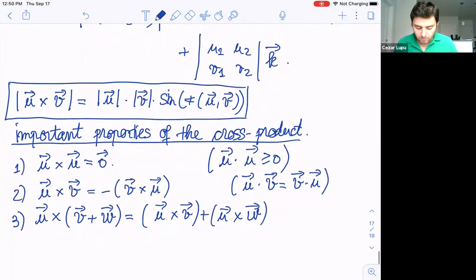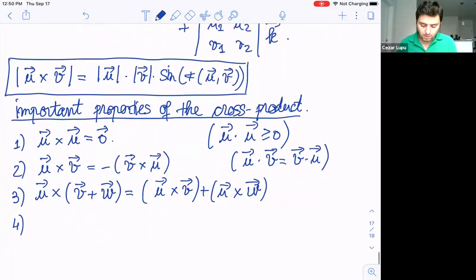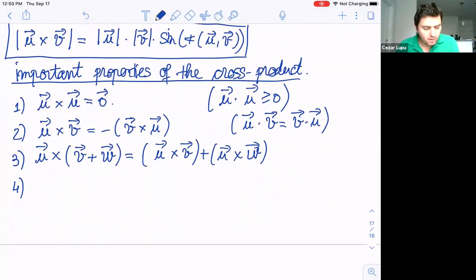And also, there will be a fourth property, which will relate the cross product with the dot product, and it is given by the following. If I have U cross V cross W, you see, I'm just crossing all three of them.